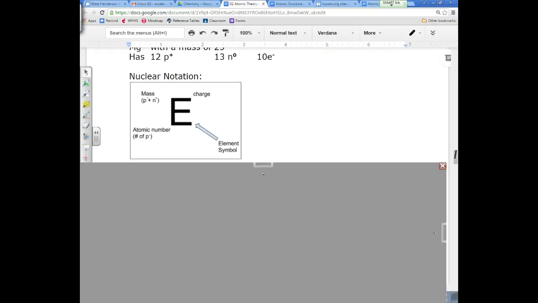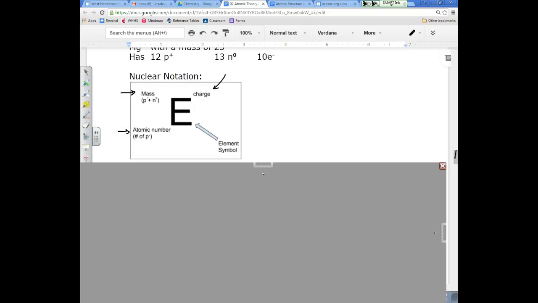So you have your element symbol. That's the big one. In the upper left, you have the mass, which is your protons plus your neutrons. Your atomic number, or number of protons, is at the bottom left. And at the top right is your charge.